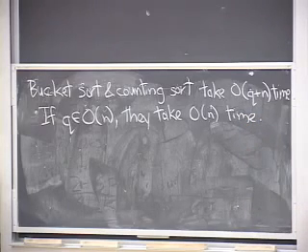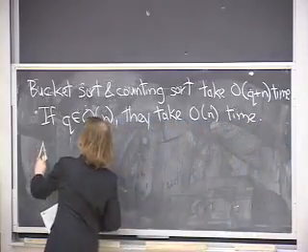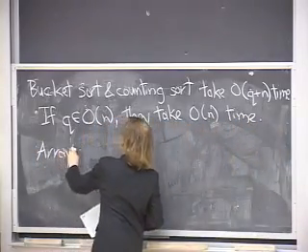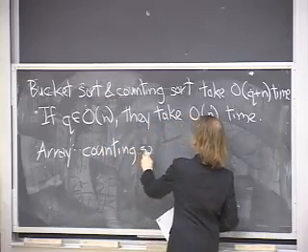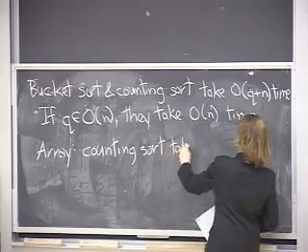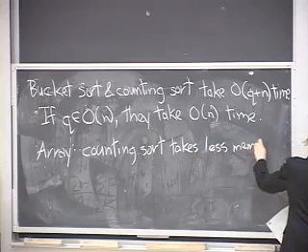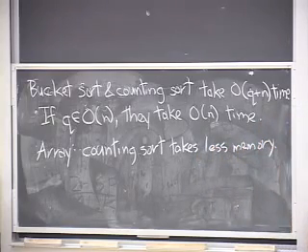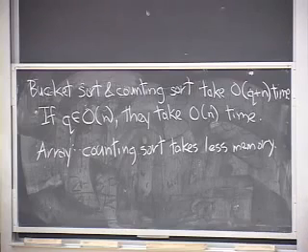Now, how do you decide which one to choose? Well, again, if you're sorting an array, counting sort is simpler and takes less memory. And because it's not dealing with a bunch of pointers or reference following through linked lists and stuff, array counting tends to run faster by a constant factor.